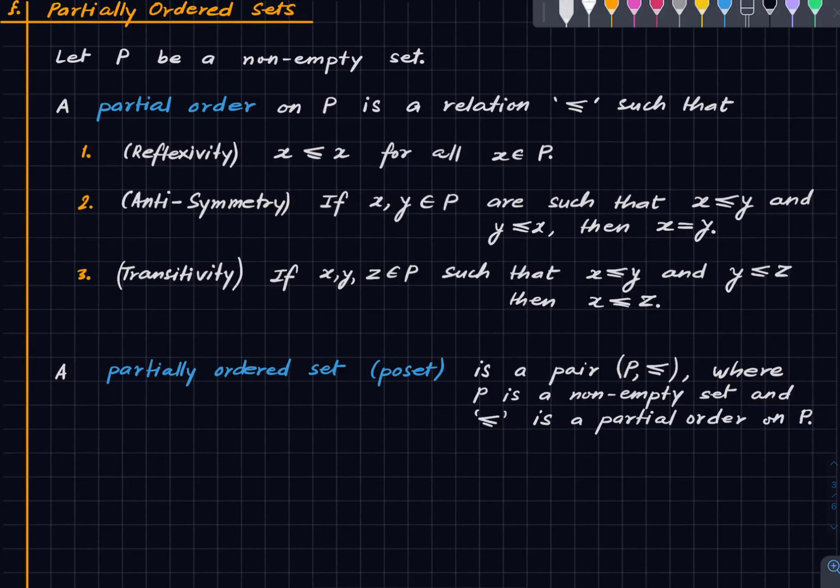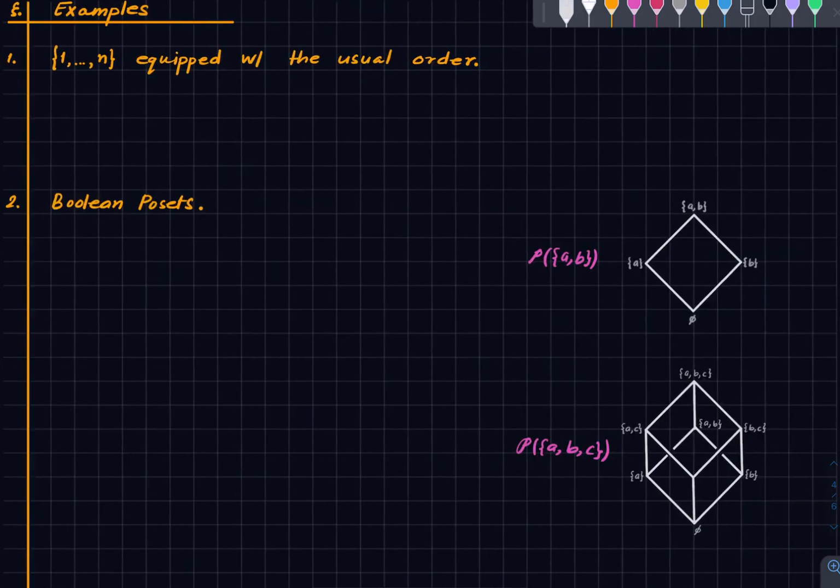Right now it may not even be making much sense as to what is going on. But with any abstract definition, the way to understand it is via examples. All right, so let us look at examples.